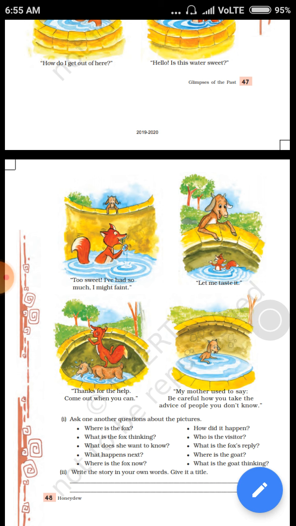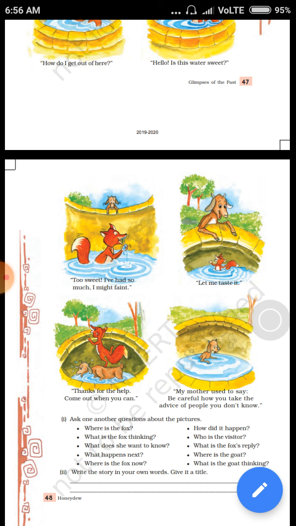He tried again and again to come out, but he failed. A goat came there. He was thirsty. The goat asked the fox about the water. The fox said that the water was too sweet. The goat jumped into the water and began to drink.